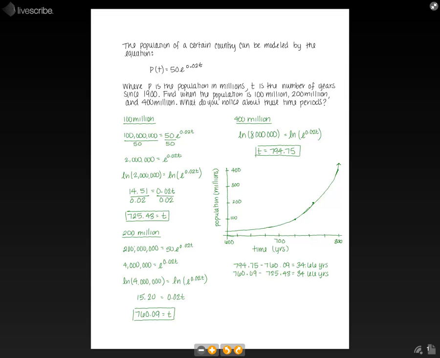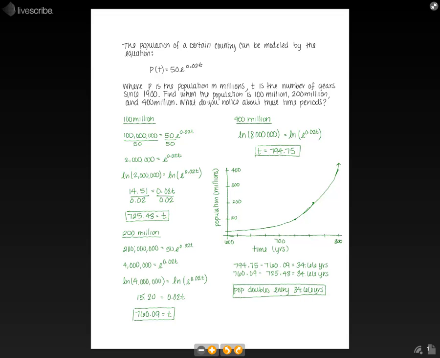So basically what this is telling us is the population doubles every 34.66 years, which is about every 35 years.